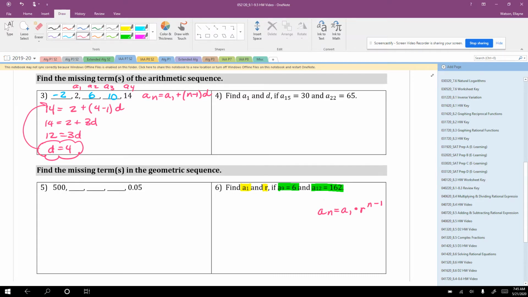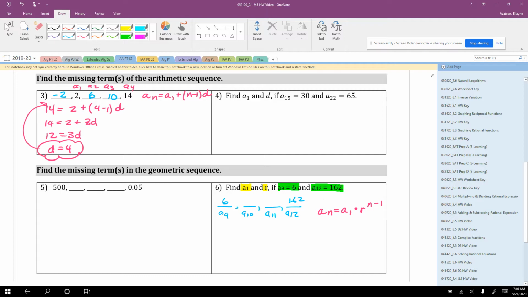It might help if you think of it like this. If this is a sub 9, this is 6. Oh, I'm sorry, that's a sub 9. Yeah, 9, 10, 11, 9, 10, 11, 12. This is 162. So this is A9, A10, A11, A12. And that's what's going to help you figure out what R is.